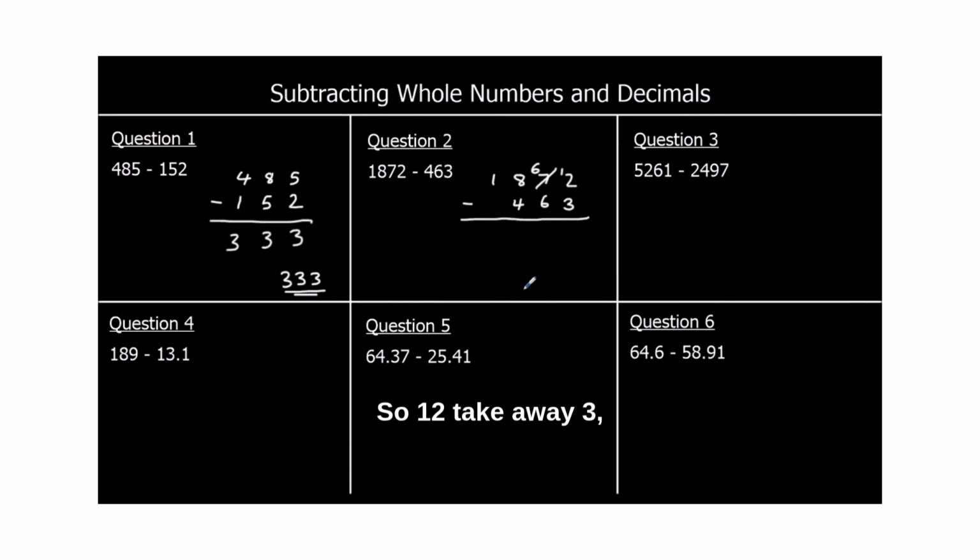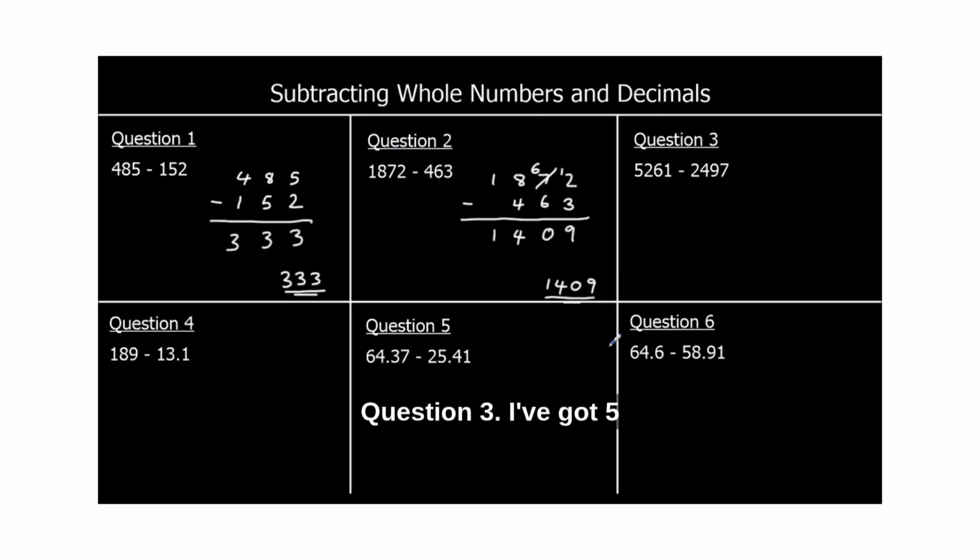So 12 take away 3, that's 9. The tens is now 6 take away 6, which is 0. The hundreds, 8 take away 4 is 4. And the thousands, 1 take away nothing is 1. So I've got 1,409.